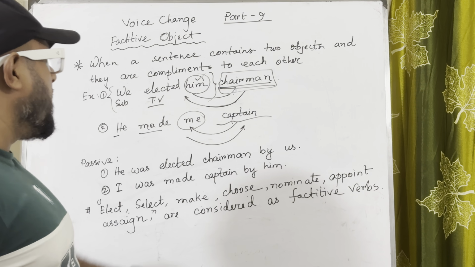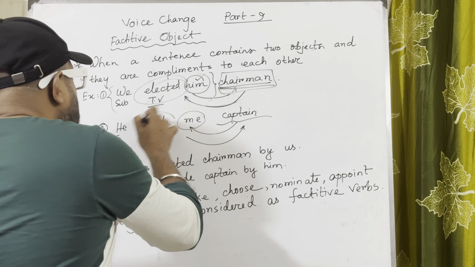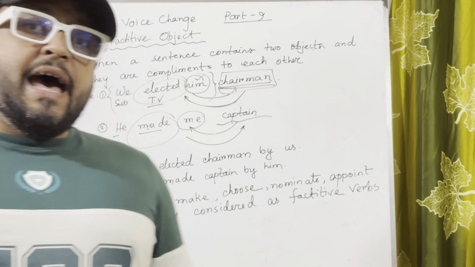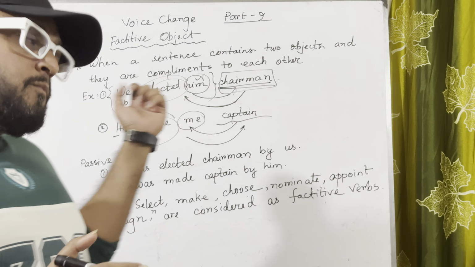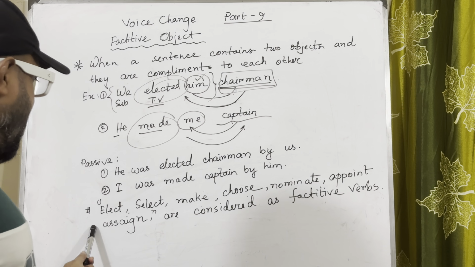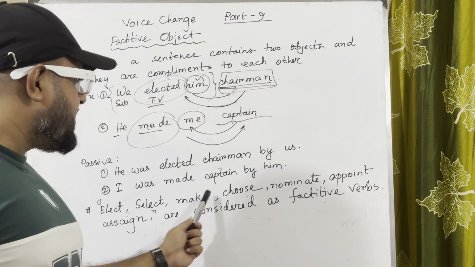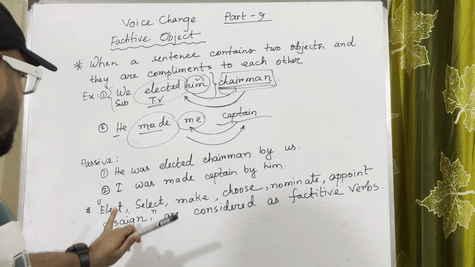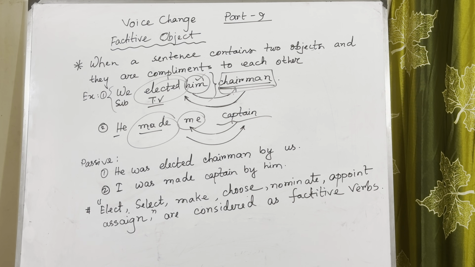So this type of verbs like elected, made, are called factitive verbs, and I have given a list. Very common factitive verbs are elect, select, make, choose, nominate, appoint, assign. They are commonly used factitive verbs.